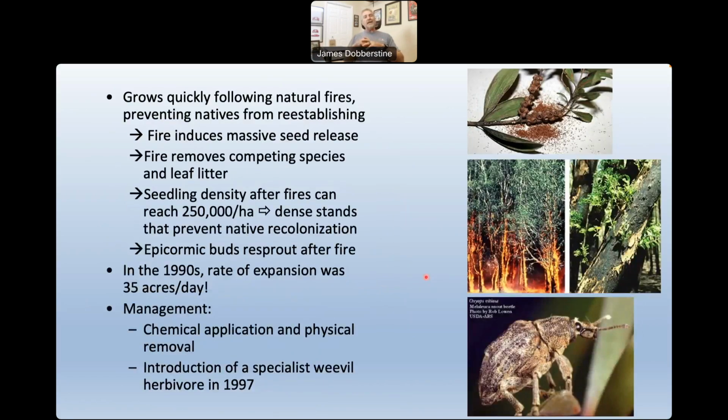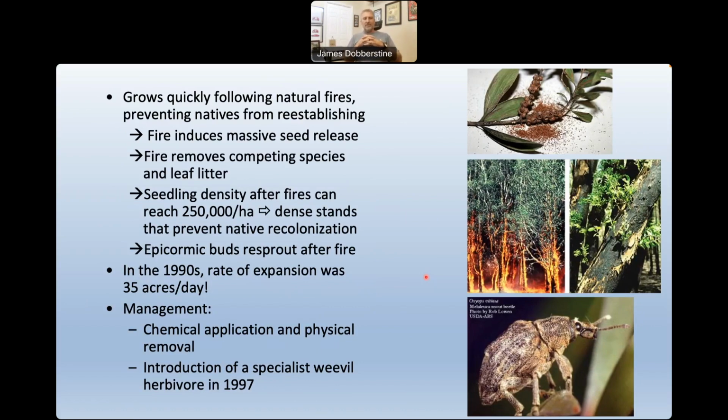These tea trees grow very quickly, especially following fires. So in areas where you have lightning sparked fire, for instance, these trees rebound very quickly. Now, many species of pine trees are keyed to the pine cones opening and the seeds germinating as a result of fire. But this tree responds to it in a much more pronounced way, right?